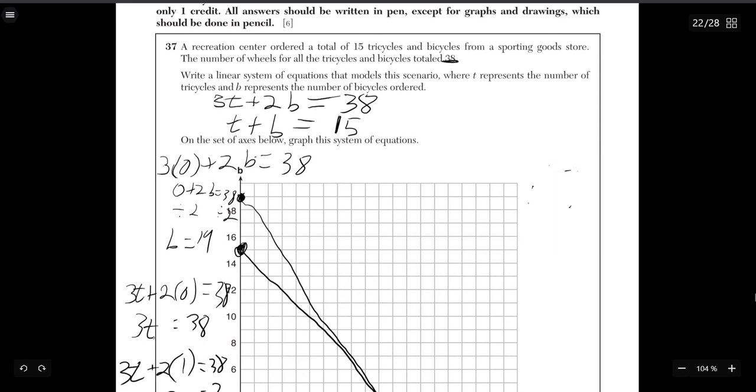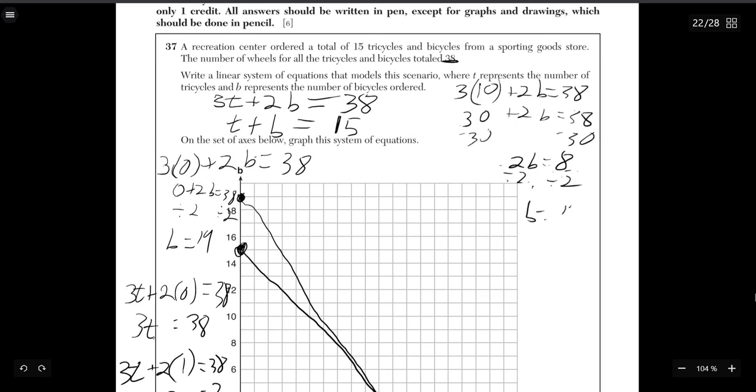If they ordered 10 tricycles, for the first equation, it would be 3 times 10 plus 2b equals 38. So it would be 30 plus 2b equals 38. Subtract 30 from each side. We get 2b equals 8. Divide each side by 2.